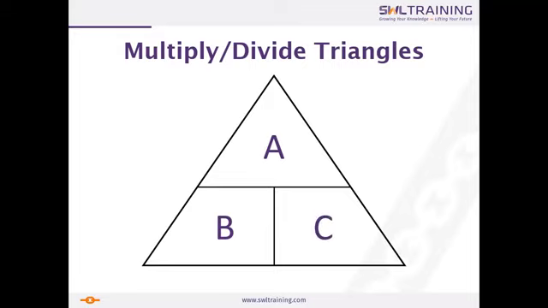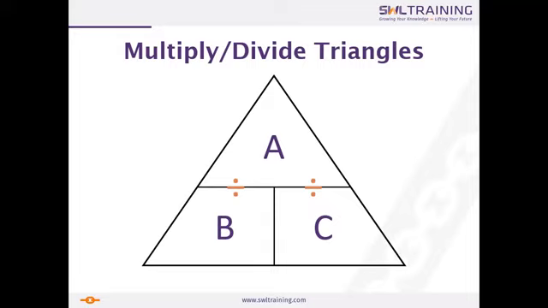Now, the top figure of the 3 is always divided by either one of the bottom 2, whichever one you have. So out of the triangle, you need to start with 2 pieces of information, then you can use it to calculate the third. In this case, A would be divided by either B or C, depending on which one you had.